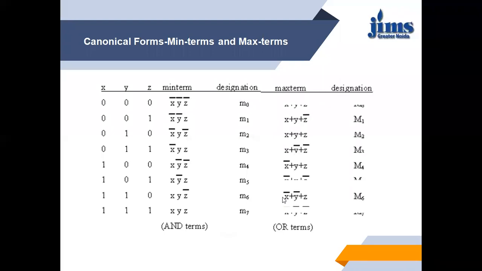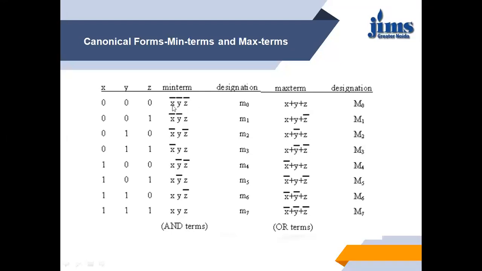Now come to the max terms. Max terms are the OR terms. It is just opposite to the min terms. If I take the complement of a min term, then it will be a max term.